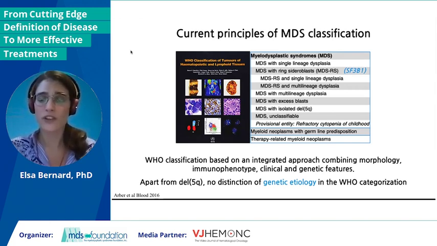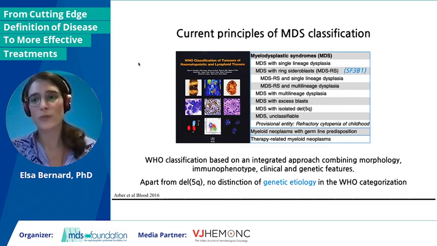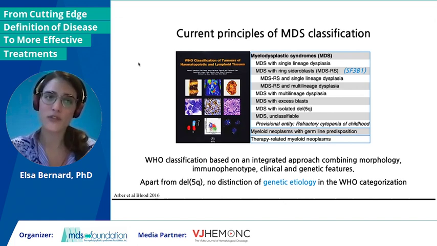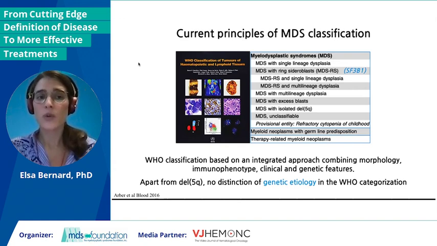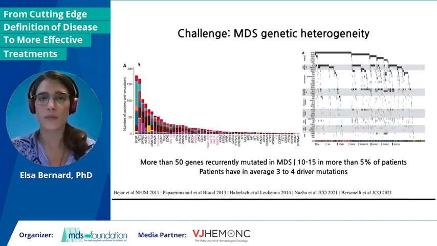Also relevant for this talk are the broad categories in the WHO of myeloid neoplasms with germline predisposition and therapy-related myeloid neoplasms. Apart from SF3B1, which is included in the definition of MDS with ring sideroblasts, MDS-RS, and deletion of chromosome 5q, there is really no distinction of genetic etiology in the current WHO classification.